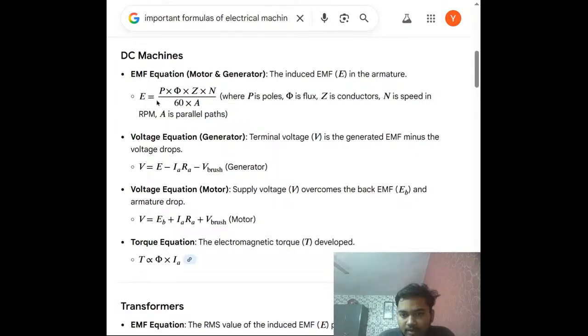The formula for the induced EMF is E equal to P phi Z N upon 60A, where P is the poles, phi is the flux, Z is the conductors, N is the speed, and A is the parallel paths. For different windings, we have different parallel paths: for lap winding A equal to P, and for wave winding, A equal to 2.